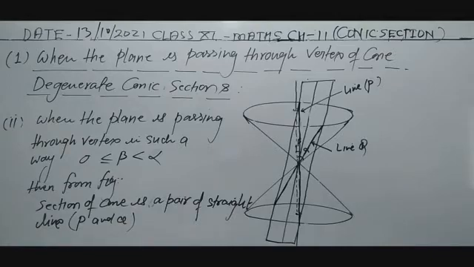Now see, in this section you have seen, when the plane is passing through the vertex in such a way that beta is greater than 0 and less than alpha, in this case you will get a pair of straight lines.